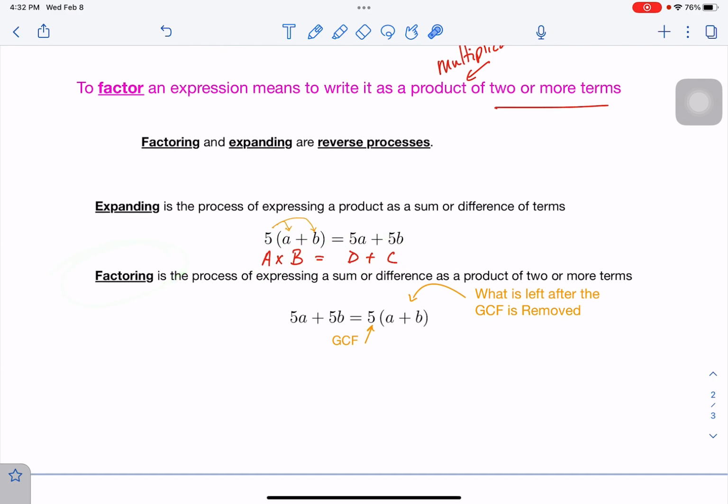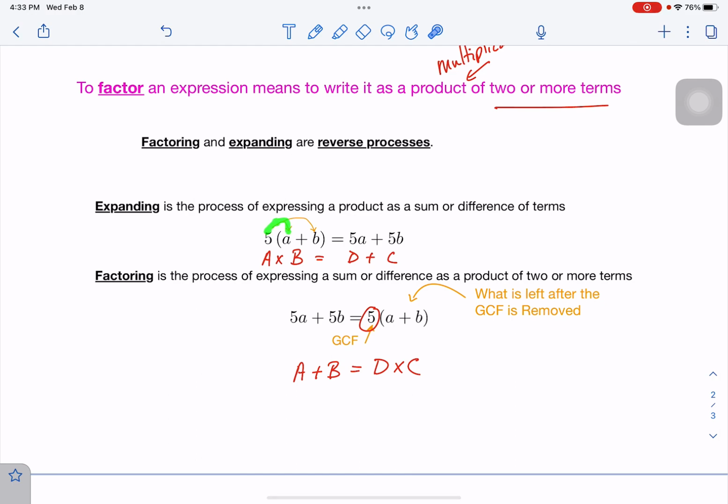Factoring, however, you take the sum or difference and express it as a product. So you take it from addition. Here's my addition, you've got A plus B, and I'm changing it so it's now D times C. And the D is my GCF. So look at my example that I have here.